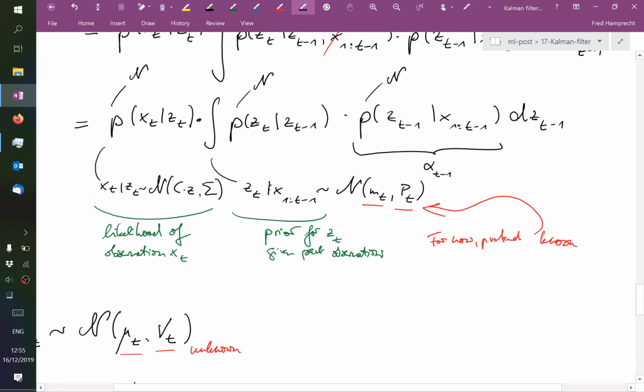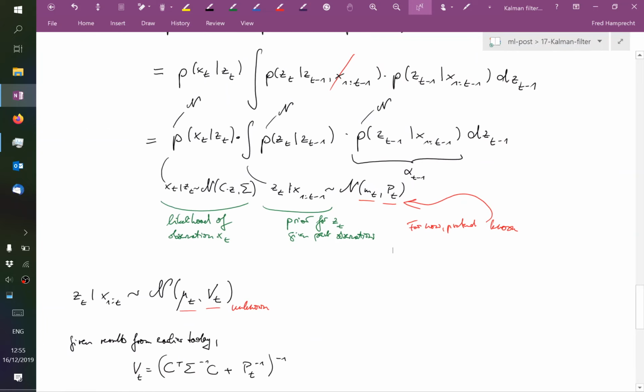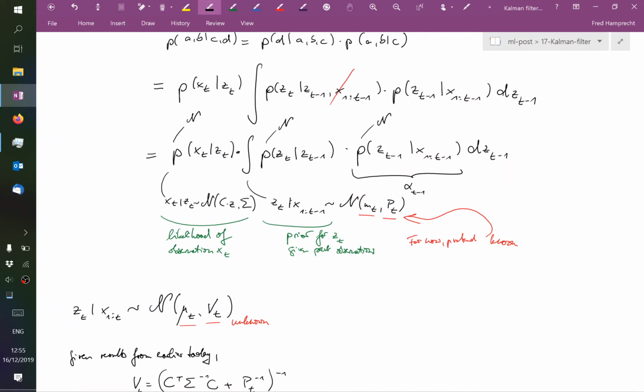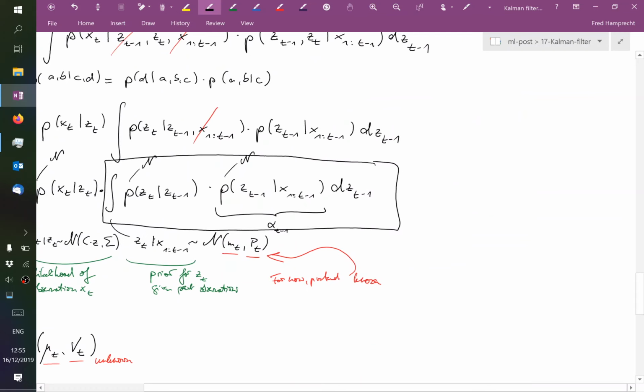So this was when I said for now I pretend that M_t and P_t are known. But in practice they are not, and we need to find them. And this equation here, this update equation, is also known as the Chapman-Kolmogorov equation.